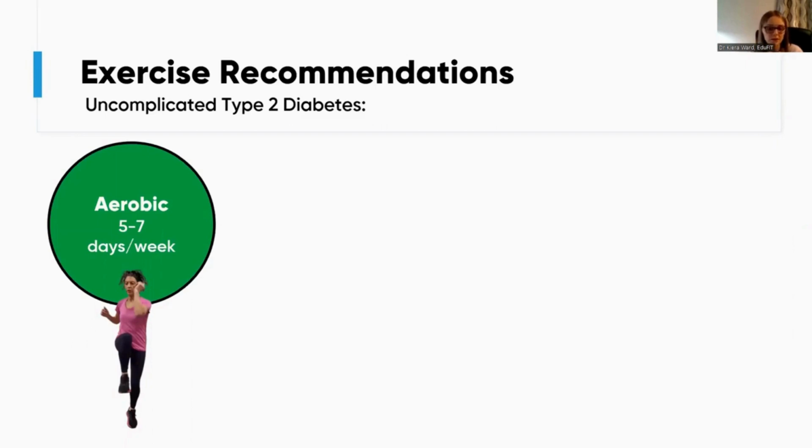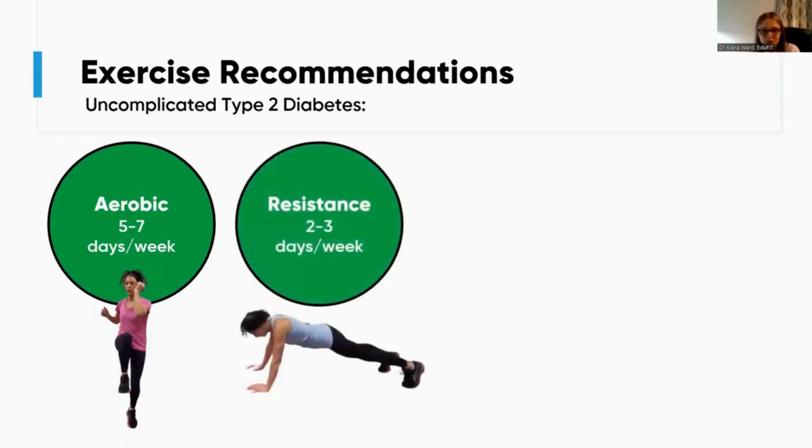The second type of exercise then is resistance exercise, which is recommended 2 to 3 days per week, low to moderate to start with, and building up to moderate and beyond. So if you're on our Prime Time program, you are meeting these guidelines by training with us. And what resistance training does is that it increases muscle mass, which therefore increases the storage space for glucose.